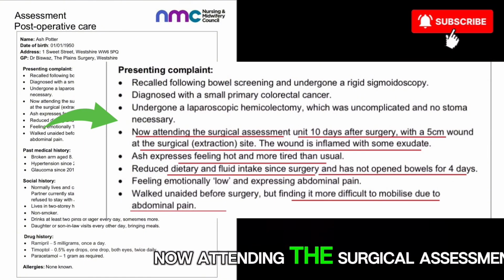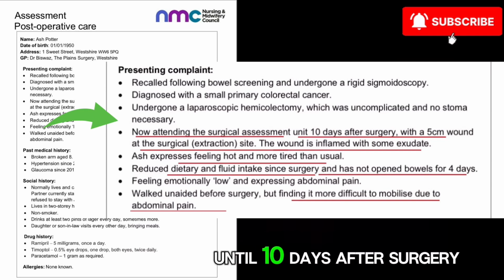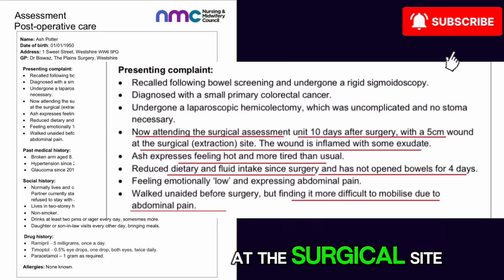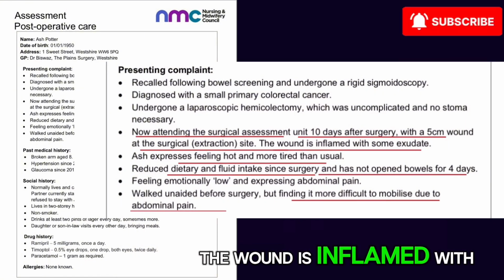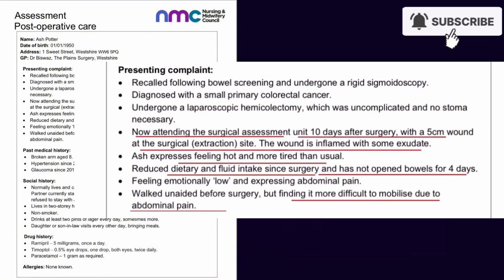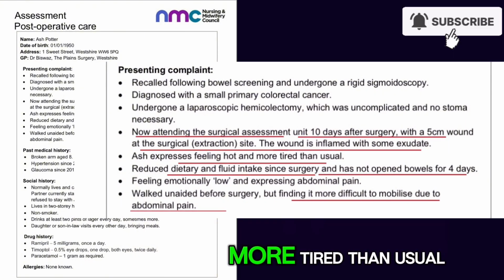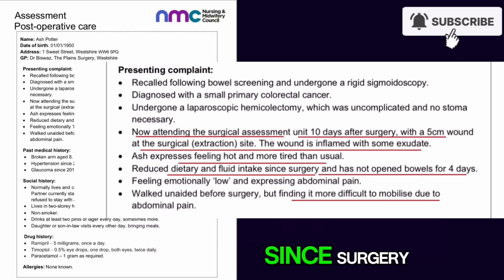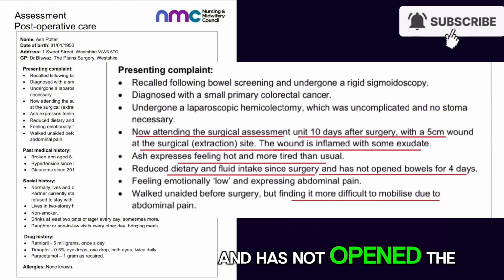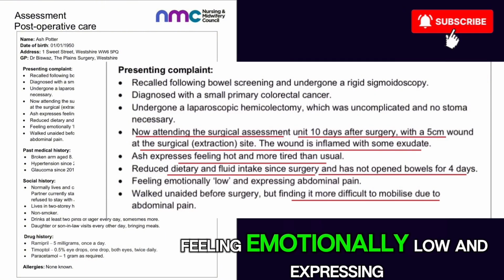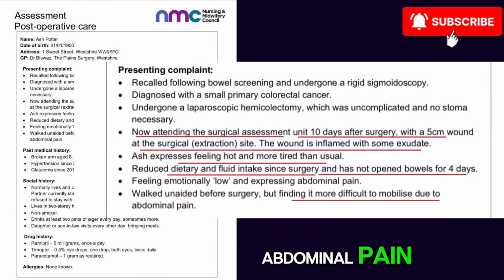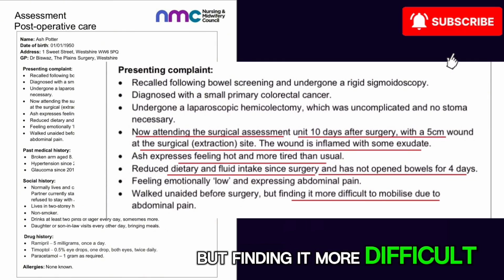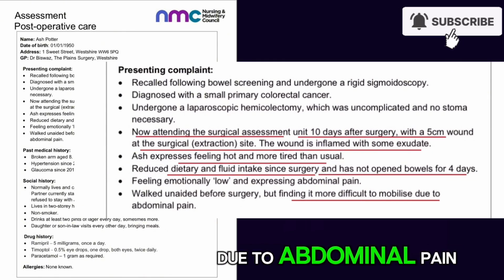Now attending the surgical assessment unit 10 days after surgery with a 5 cm wound at the surgical site. The wound is inflamed with some exudate. Has expressed feeling hot and more tired than usual, reduced dietary and fluid intake since surgery and has not opened bowels for 4 days. Feeling emotionally low and expressing abdominal pain. Walked unaided before surgery but finding it more difficult to mobilize due to abdominal pain.